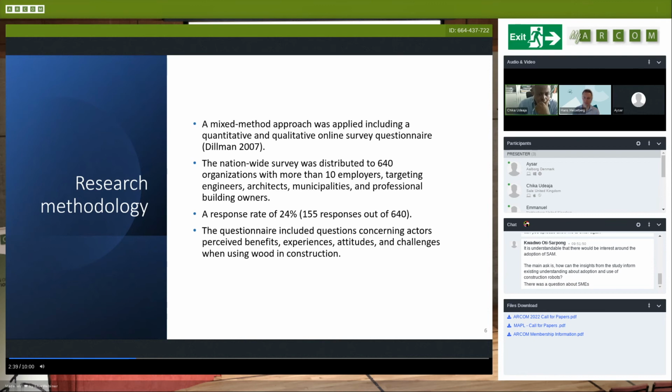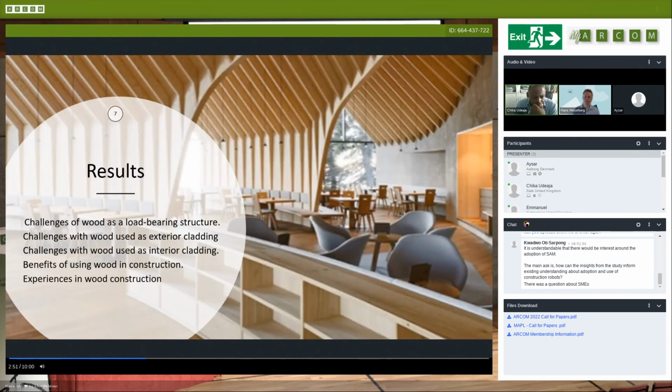The questionnaire included questions concerning actors' perceived benefits, experiences, attitudes, and challenges when using wood in construction. The results are divided into 5 areas: the challenges of wood as a load-bearing structure, the challenges of wood when using it as an exterior cladding, the challenges of wood when using it as an interior cladding, the benefits of using wood, and the experiences.